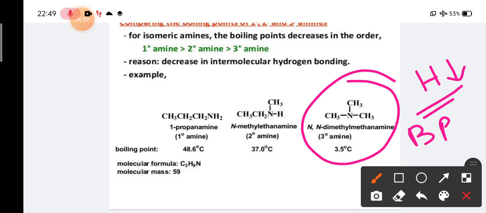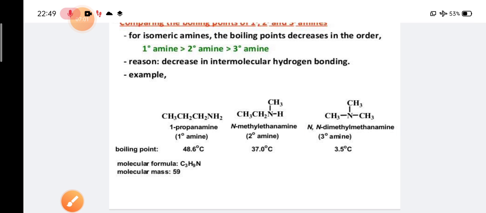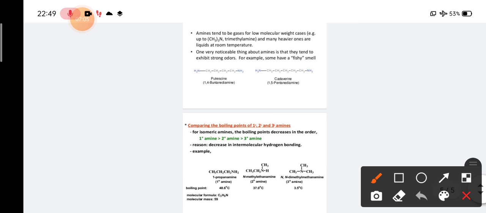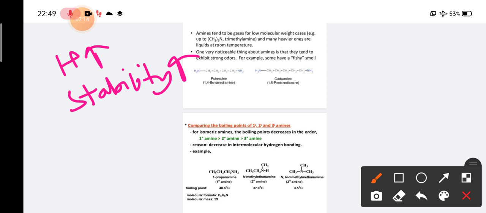Because if the hydrogen bonding is stronger, please remember, the higher the hydrogen bonding, the higher the stability. If the hydrogen bonding is there, then stability will be higher. So we will need more energy.